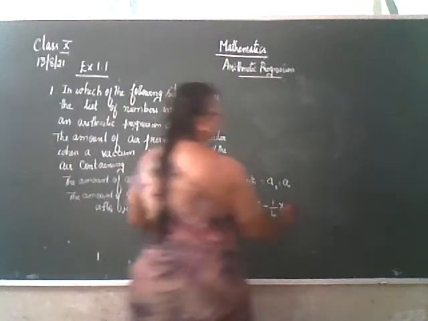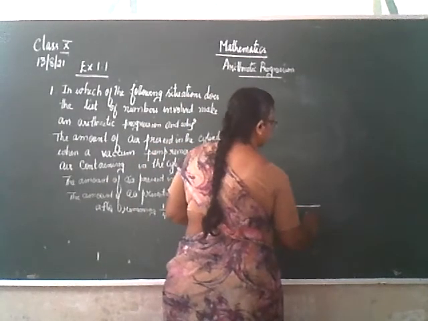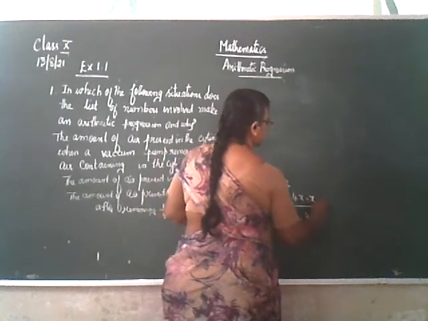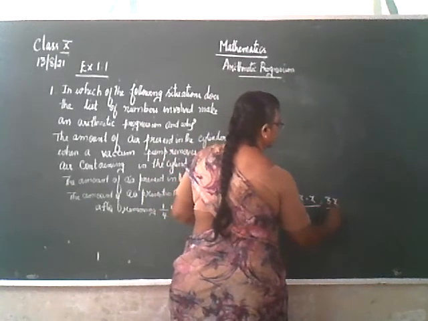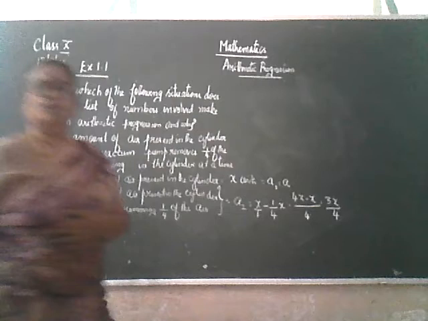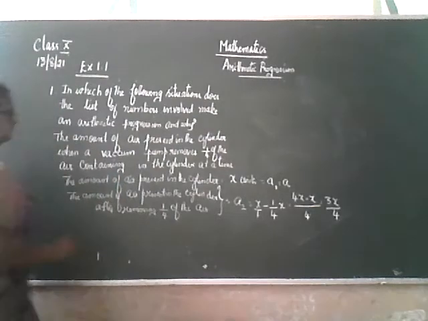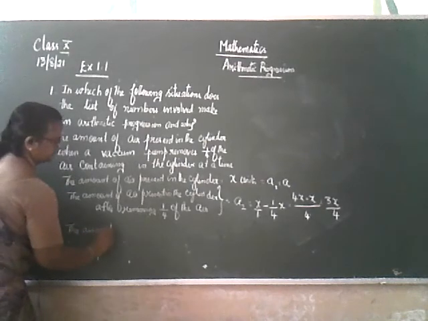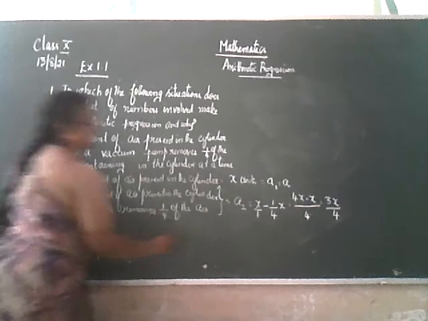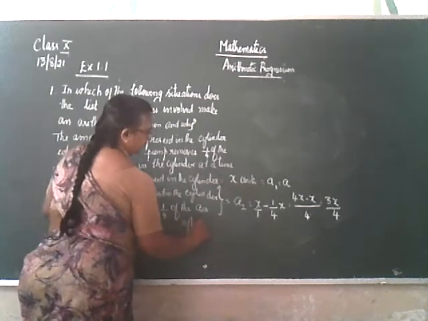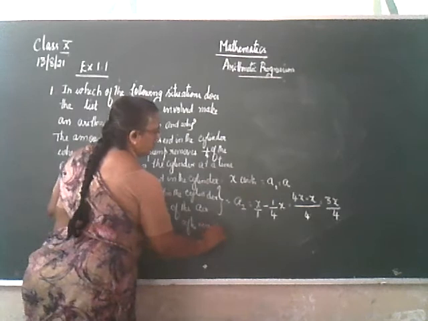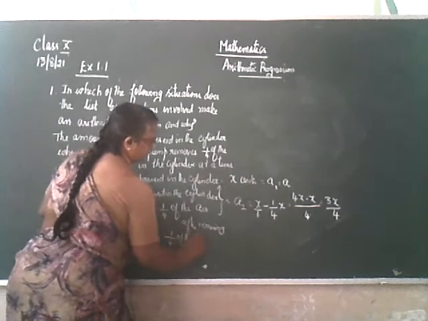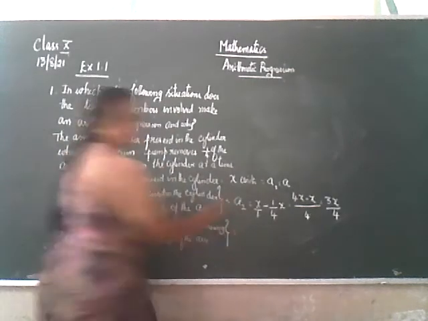So 1/4 of the X is removed means what you will get? Let me take LCM as 4. So 4 into X, 4X minus X. You will get 3X by 4. Okay. Again, the amount of air present in the cylinder after removing again 1/4 of the air. That is the third; we are removing.